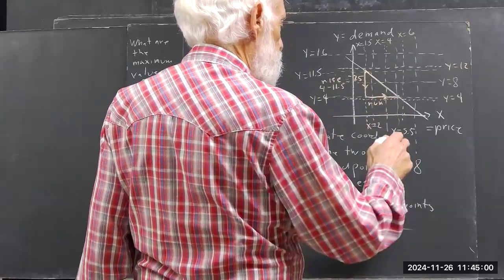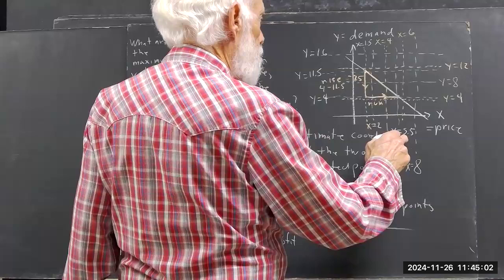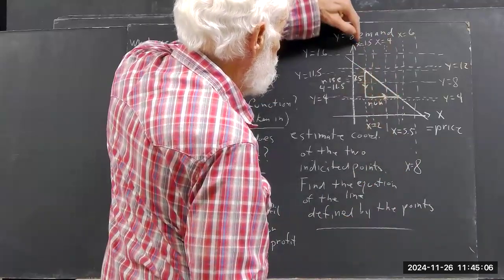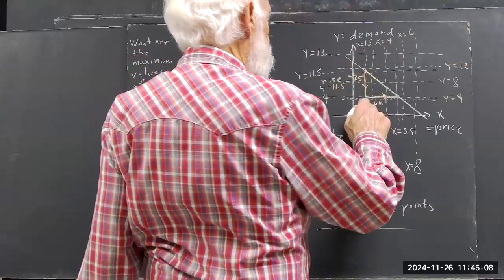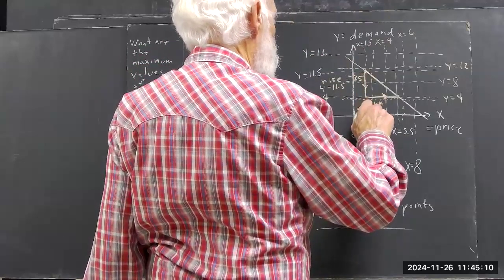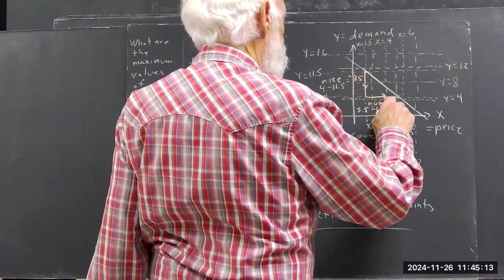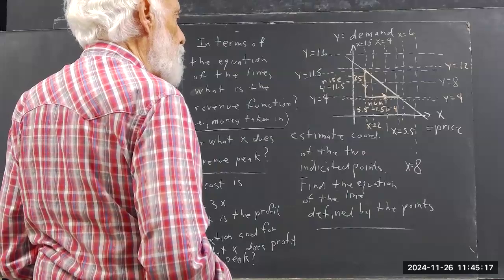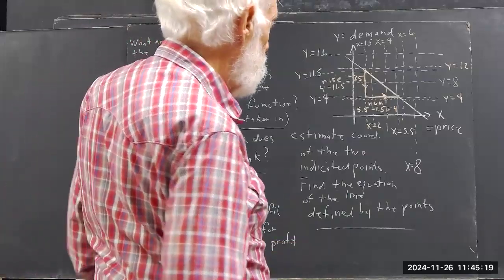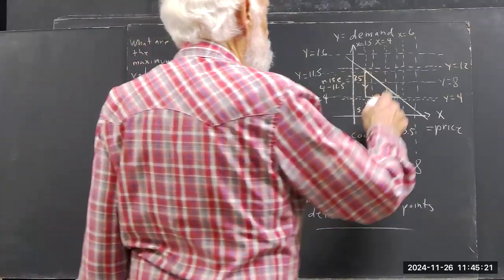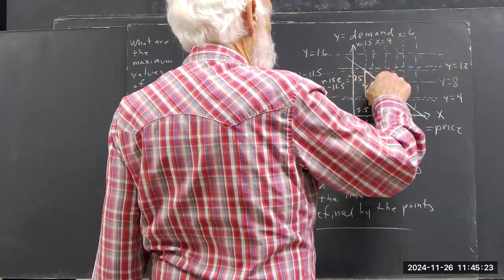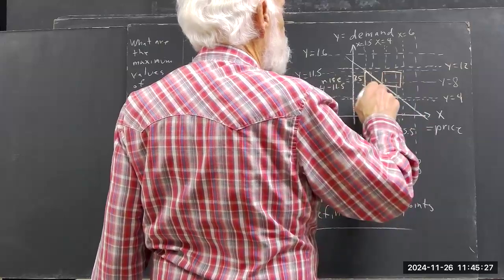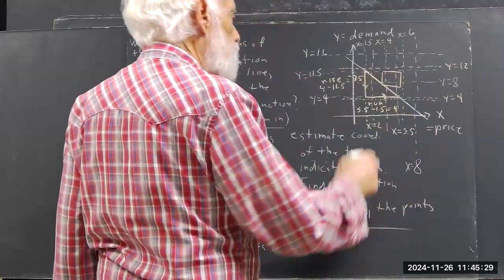So negative 7.5 is the rise, and the run is 5.5 minus 1.5. This is at x equals 5.5. Here's x equals 1.5. And that's 4. So the slope is rise over run. I'm going to put that in a box here next to the hypotenuse.